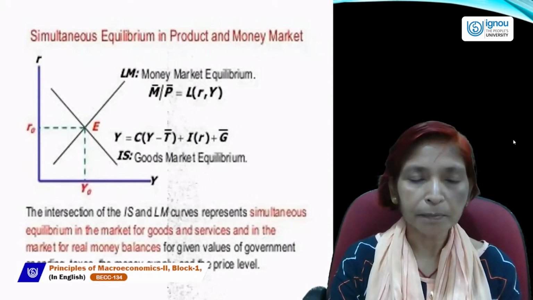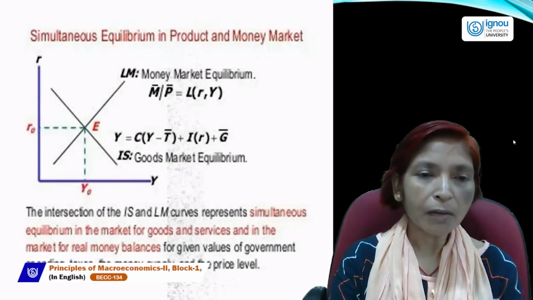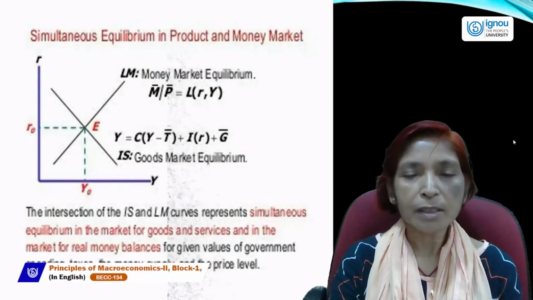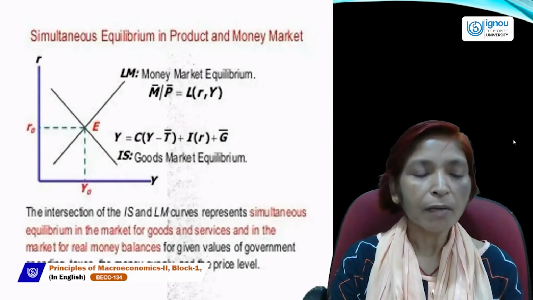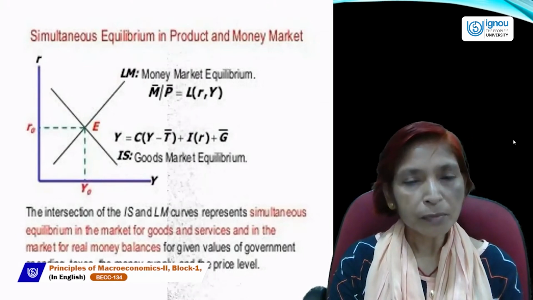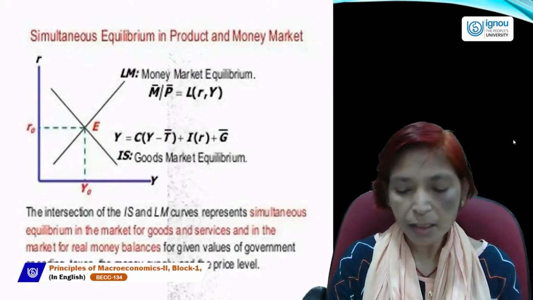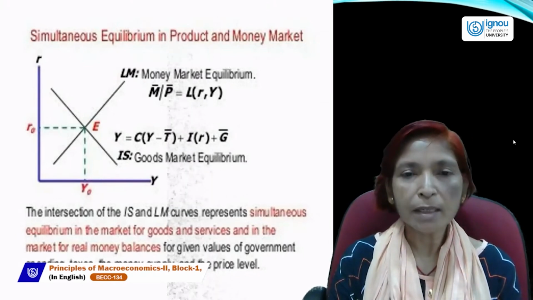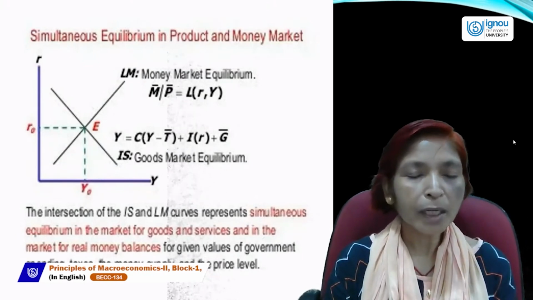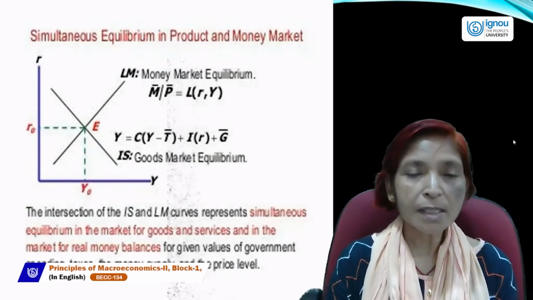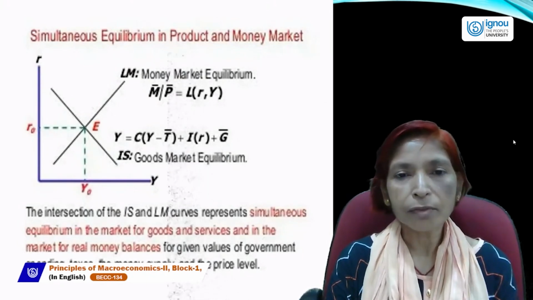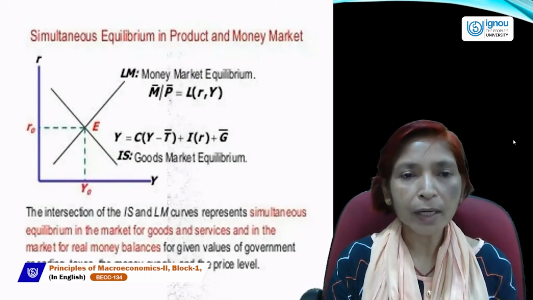It shows goods market equilibrium. And the LM curve is always an upward sloping curve which shows a direct and positive relationship between level of income and rate of interest. Where these two curves intersect each other, the equilibrium point is determined and the equilibrium rate of interest is also determined. So this is the Hicksian or Keynesian theory of determination of interest rate.